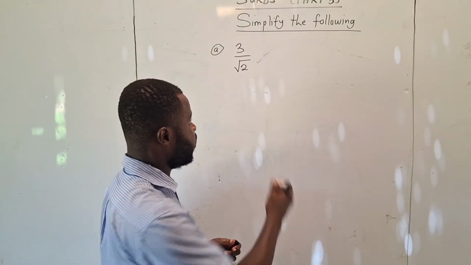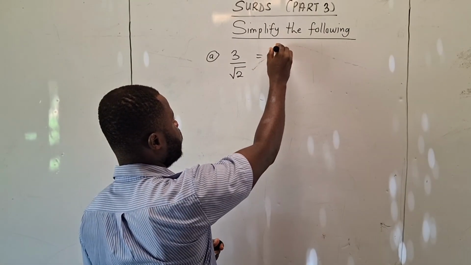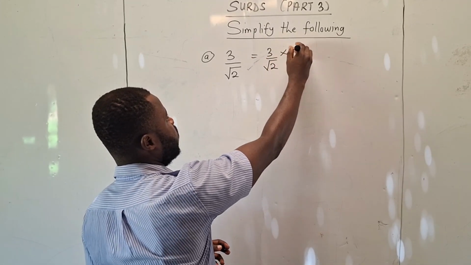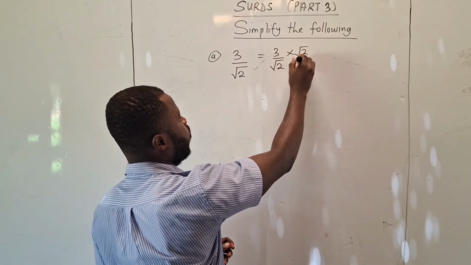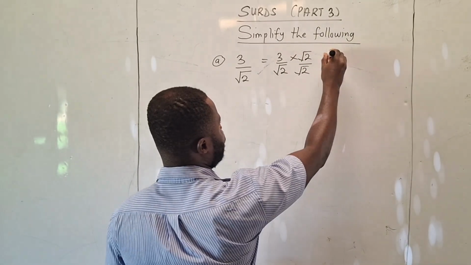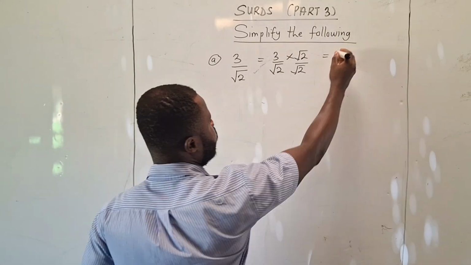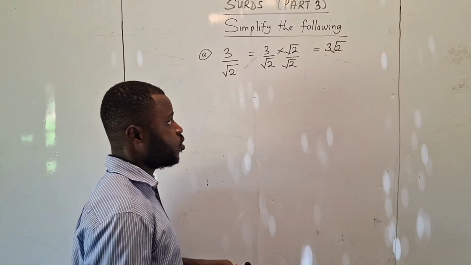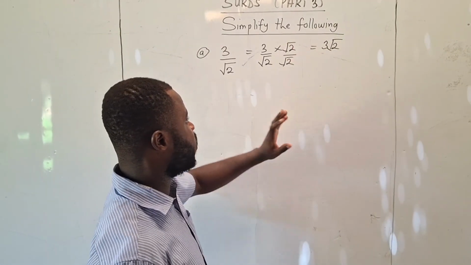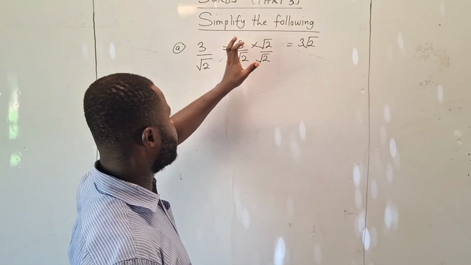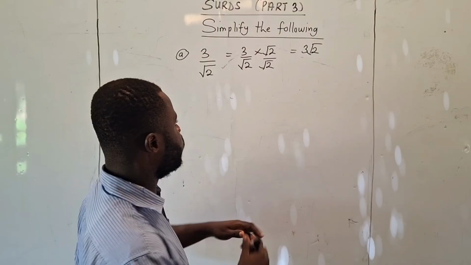So as I said earlier, this one will be 3 over root 2 times root 2 all over root 2. Both are multiplying. So 3 times root 2 is going to give you 3 root 2. In my previous videos, I explained that a root without any number in front means there's a 1, and this one is not a root, so it multiplies the number in front, which is the 1, giving you 3 root 2.